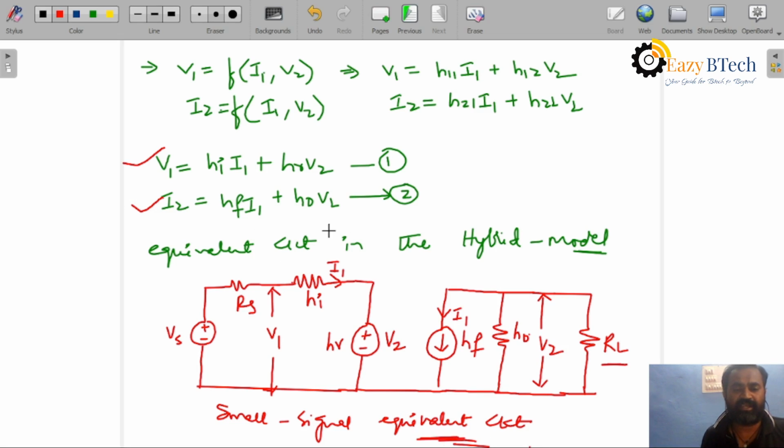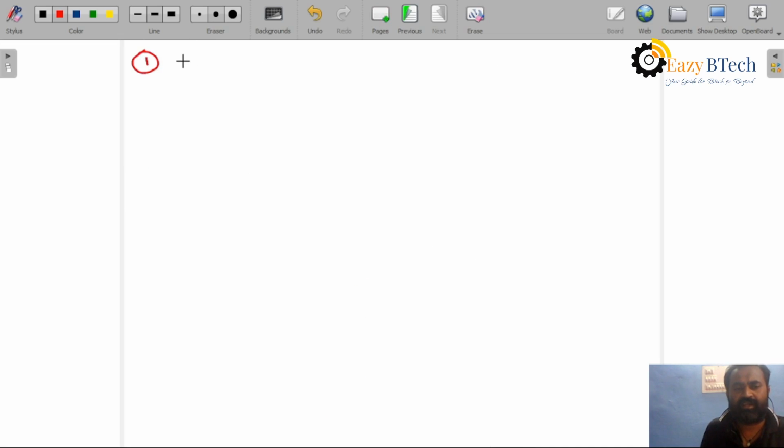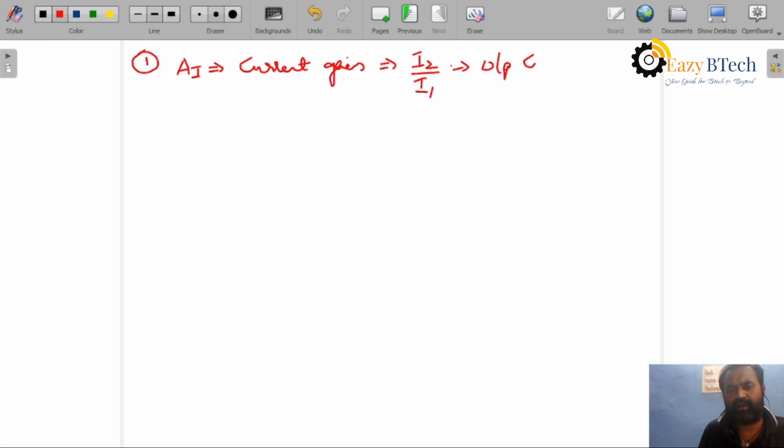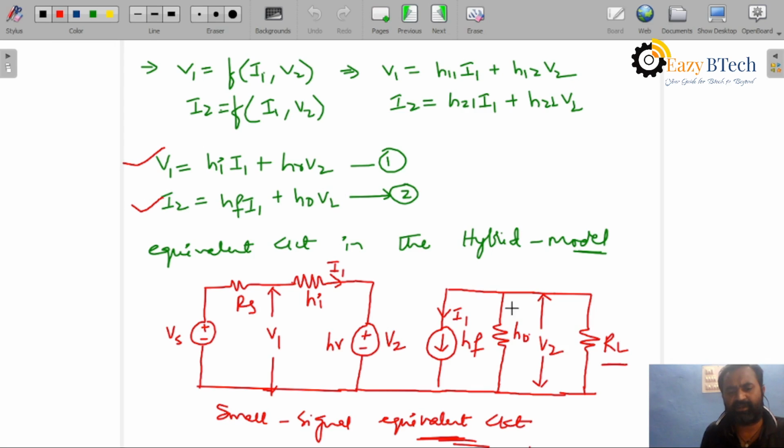Okay, by considering this, the first one is the current gain, AI, which represents the output current by the input current, I2 by I1. From the previous circuit, the output current is I2 and the input current is I1.